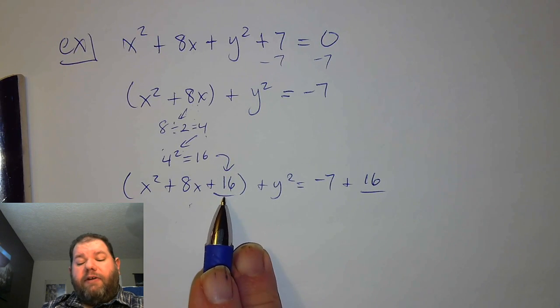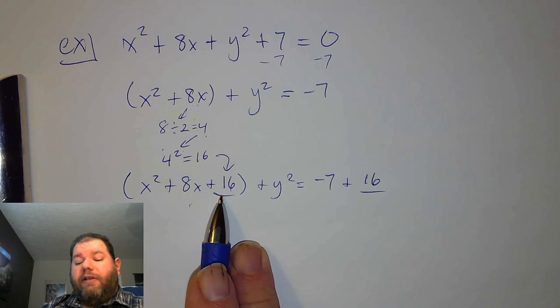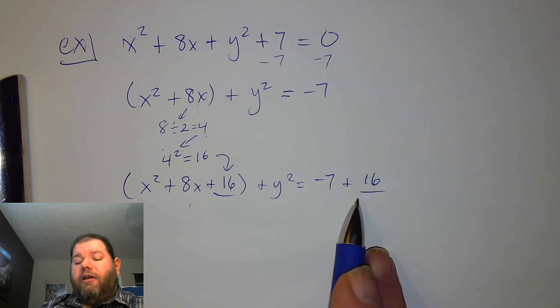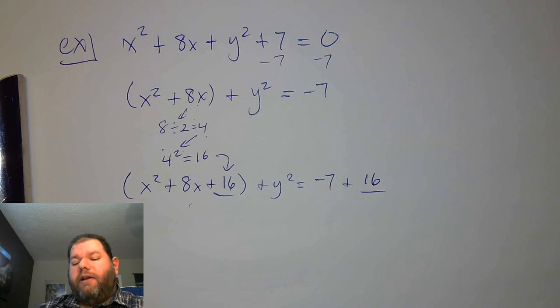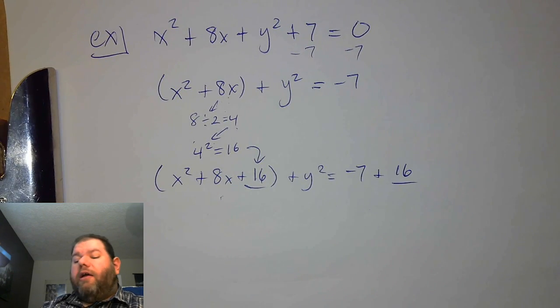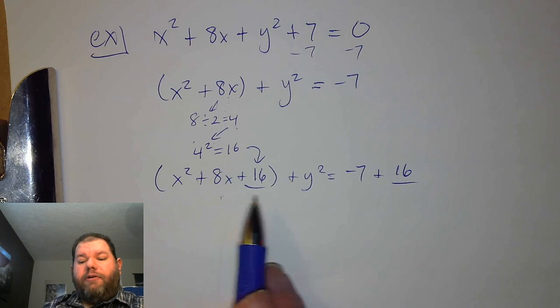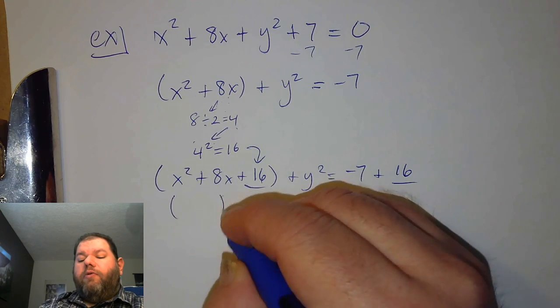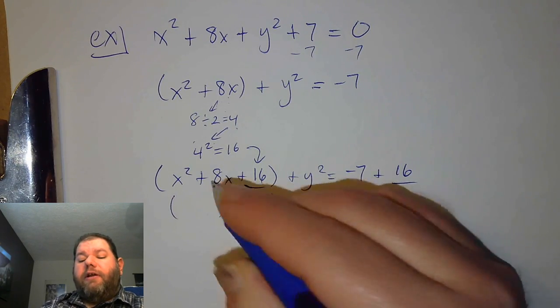So, again, we add 16 here, and since we added 16 to the left-hand side of the equal sign, we go ahead and also add it to the right-hand side. How does this expression factor? What multiplies to 16 and adds up to 8?